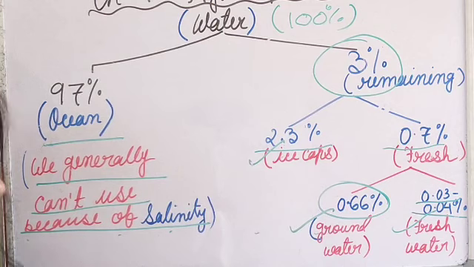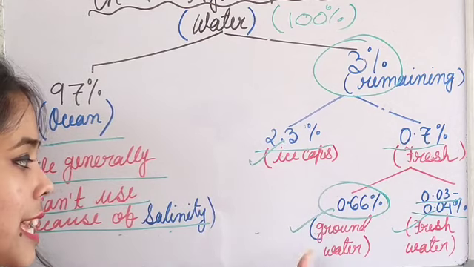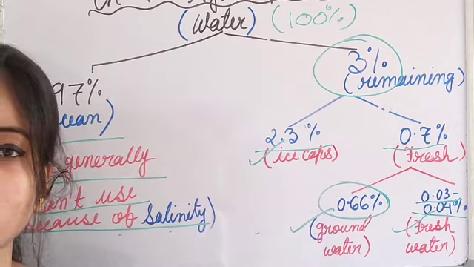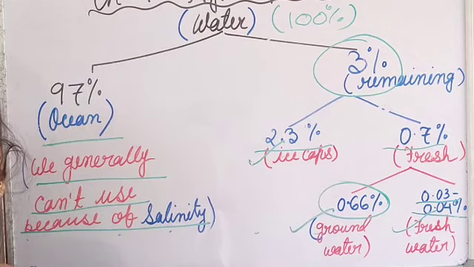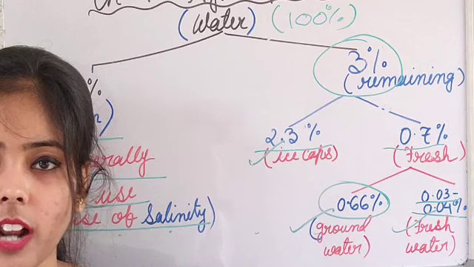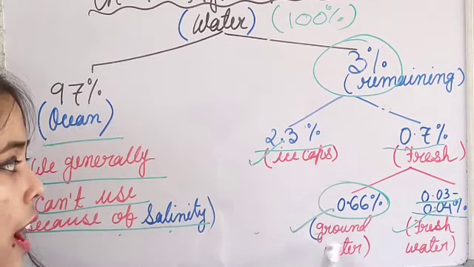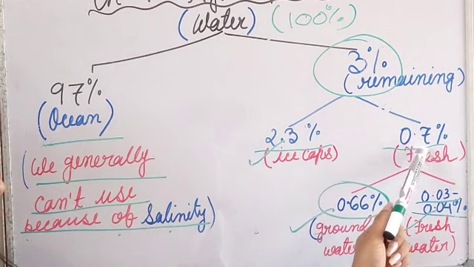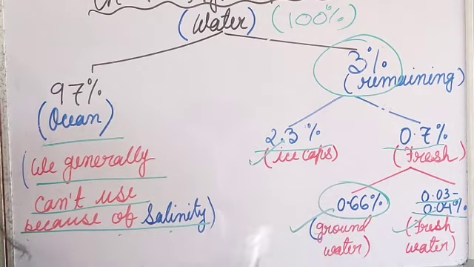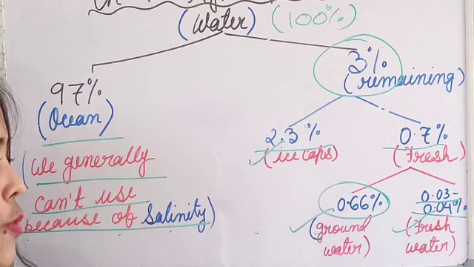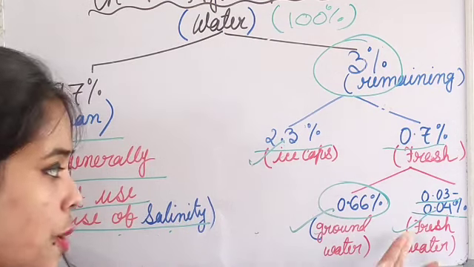Out of this, 0.66% is preserved in the underground section as underground water or groundwater. Yes, we can take out the groundwater through the canals and all. Next, if you subtract 0.66 from 0.7, then the remaining part will be 0.03 to 0.04.